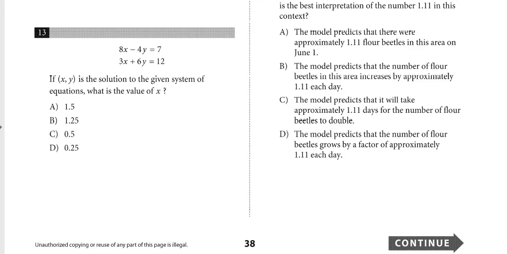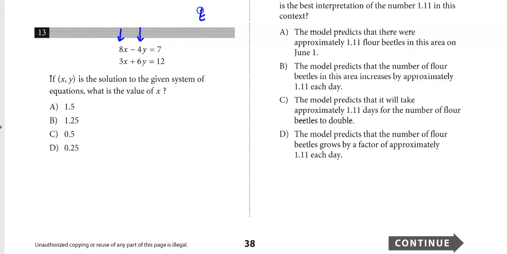All right, number 13, good old-fashioned systems of equations. So I have 2 linear equations, 2 lines, and I notice that the coefficients in front are different, like they don't match up. And usually my go-to method here is called elimination.